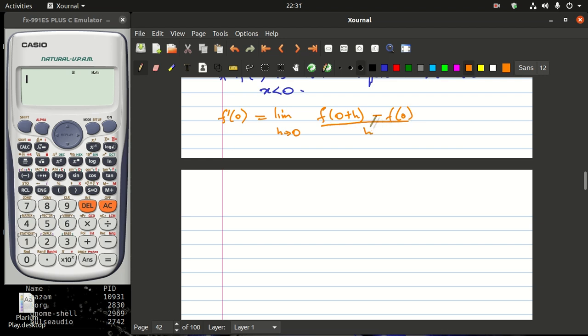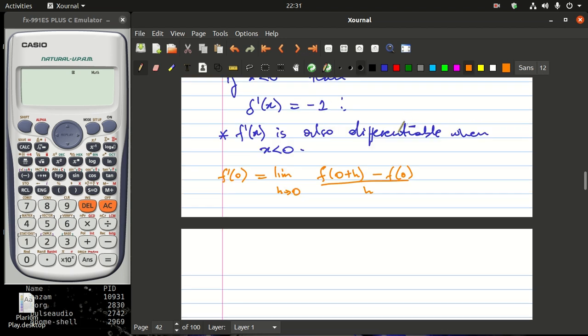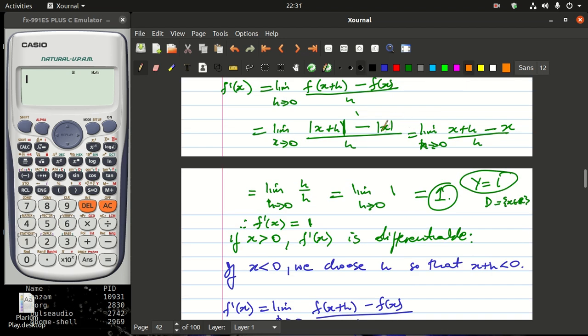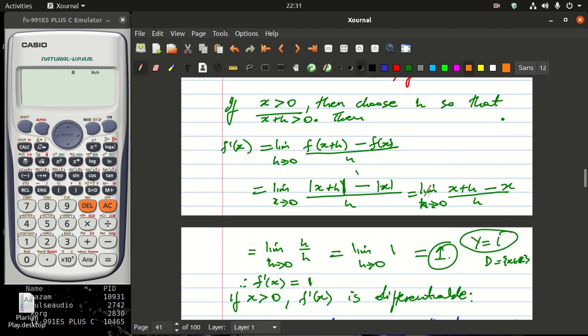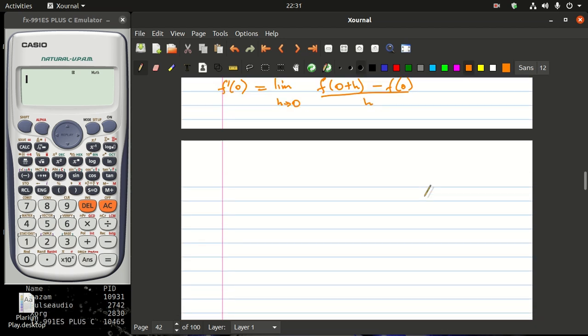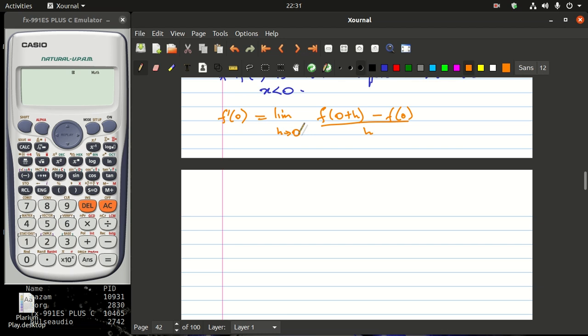This is very important here, because if you look into this function here, 0 is somewhere on this side, but when we want to approach 0 on the left, we will end up falling into this side here. So there is no way that we can just take h as it is. So we have to look on the right of 0 first, and then we'll look on the left of 0 second.